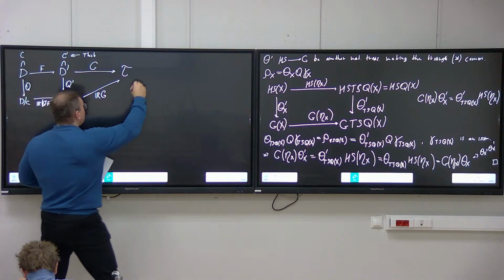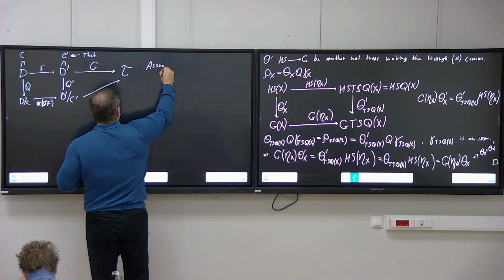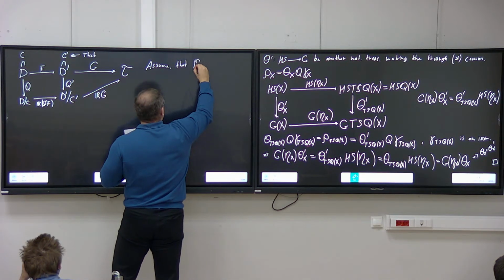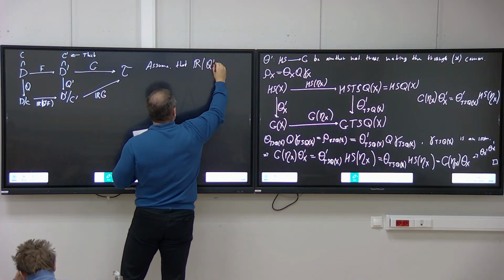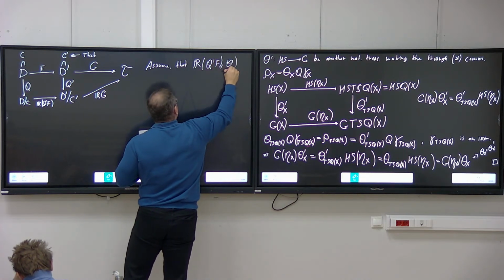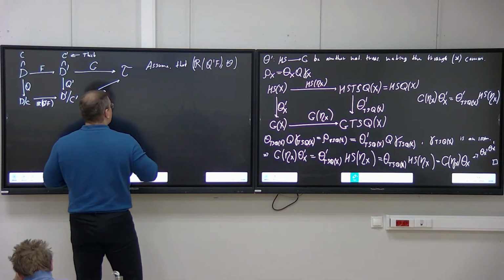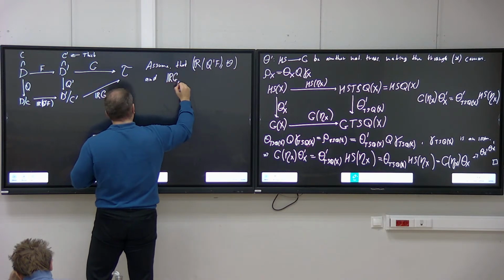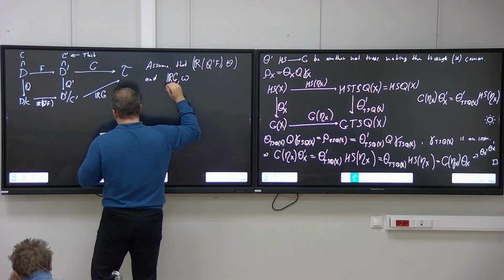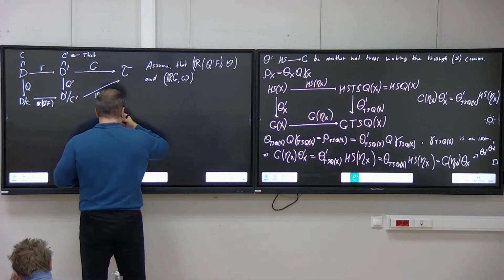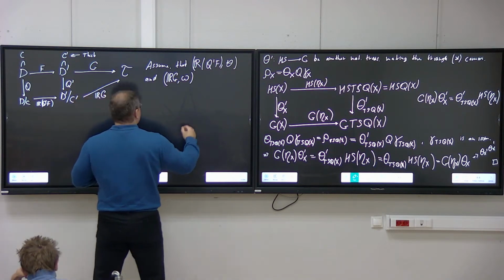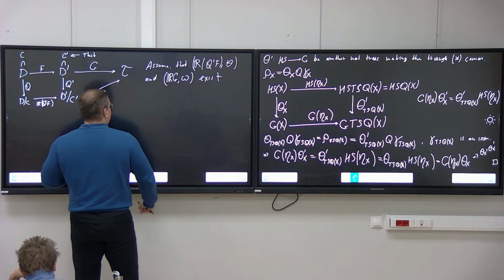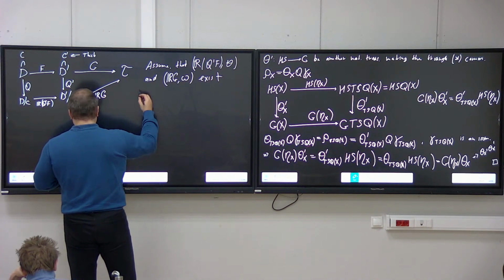So I assume that these two derived functors exist. That is, the right derived functor of the composition with some natural transformation theta, and the right derived functor for the functor G with natural transformation omega, exist. Then we have another natural transformation mu.